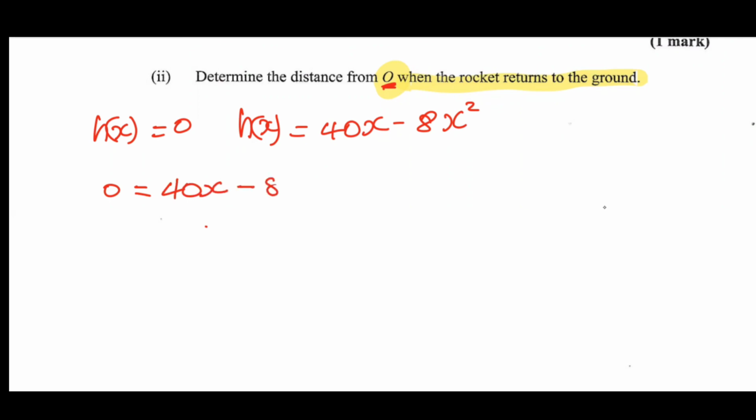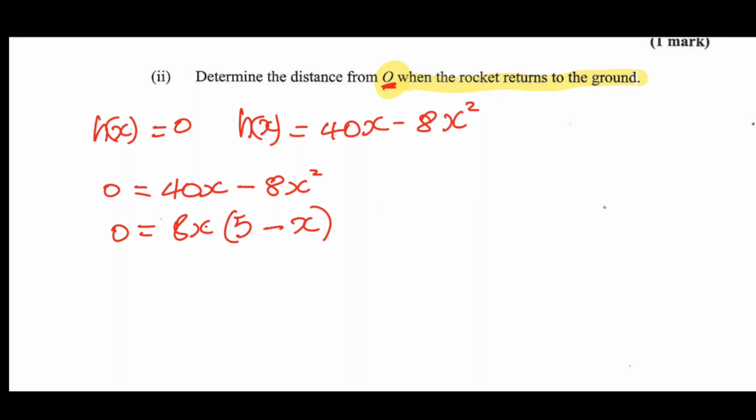40x minus 8x squared, and we want to factorize this, right? So 0 is equal to, we could take out 8x, and then we're going to have 5 minus x. All right, so if we take out 8x right there, we're going to have 5 minus x.